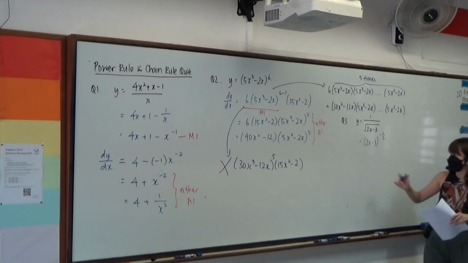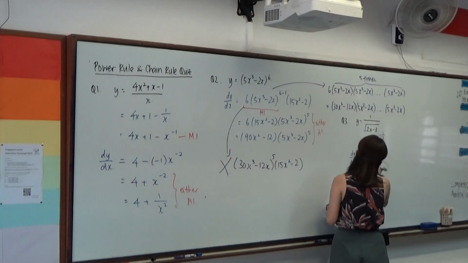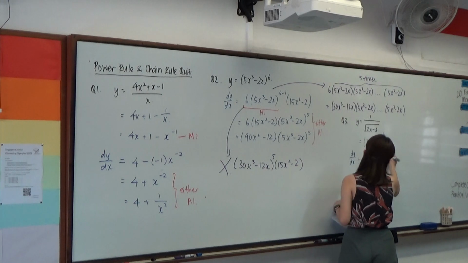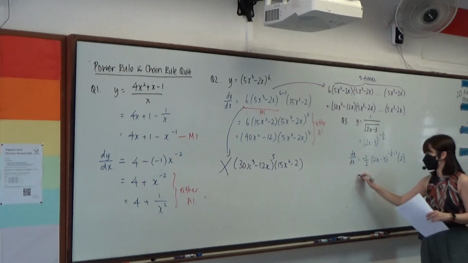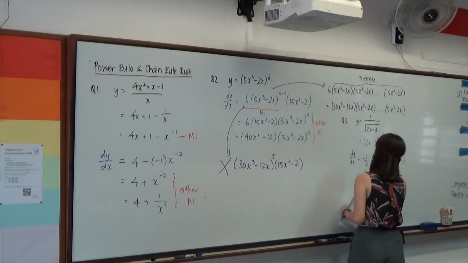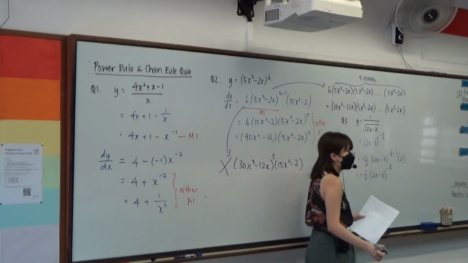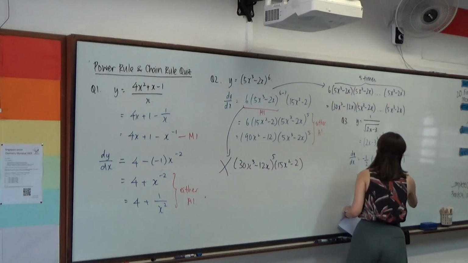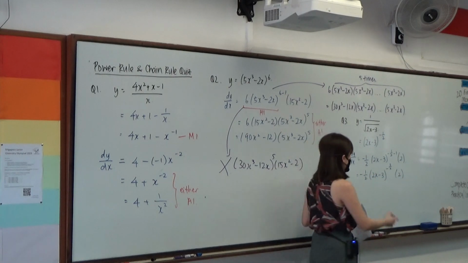Okay? So dy over dx will be: power bring down, power minus 1, differentiate inside. So the power is, strictly speaking, negative 3 over 2, times 2. Negative half times 2 is just negative 1.